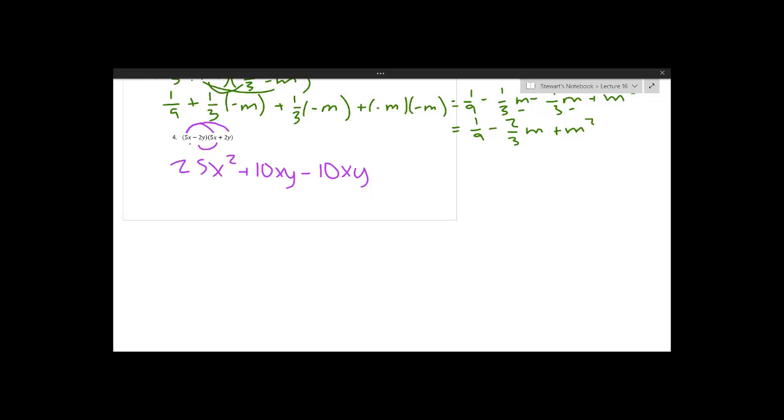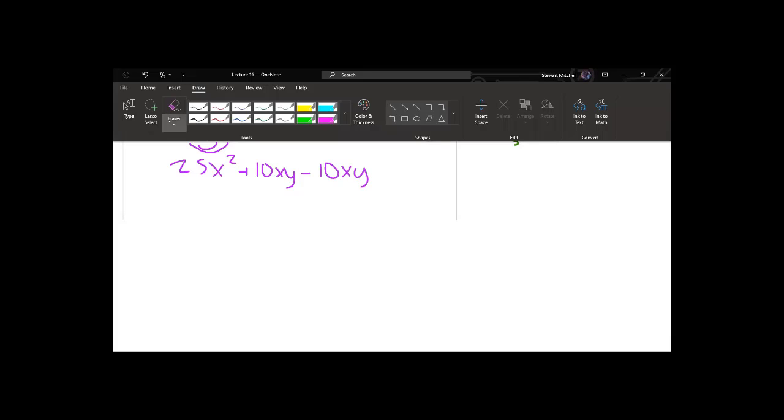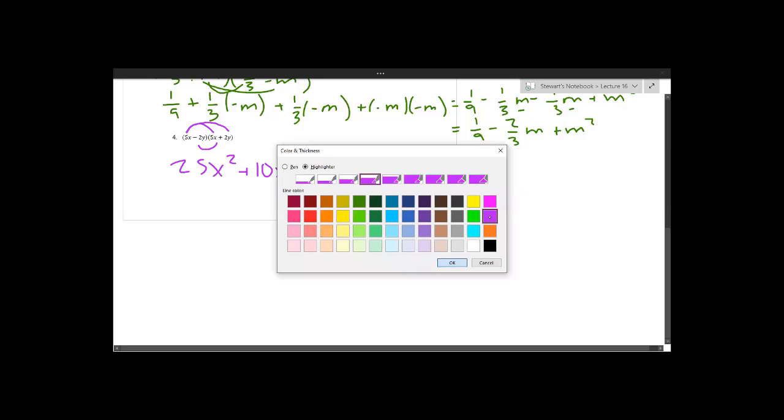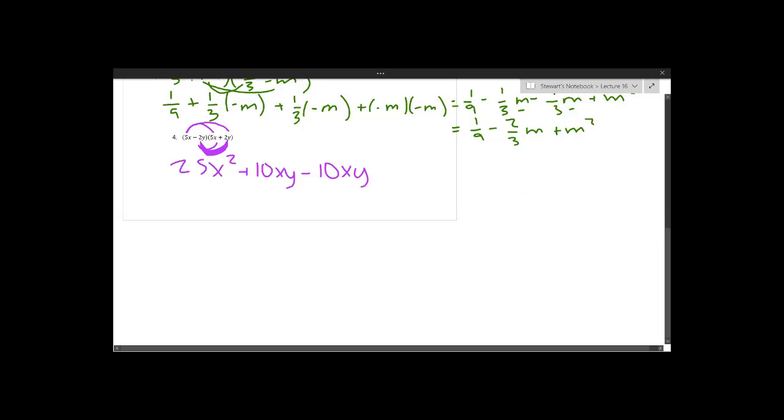And then our last terms are 5x. I'm sorry. Nope, our last terms should be, let me erase that. I messed that one up for a sec. Nope, that's not what I want. Oh my goodness. Our last terms are going to be negative.